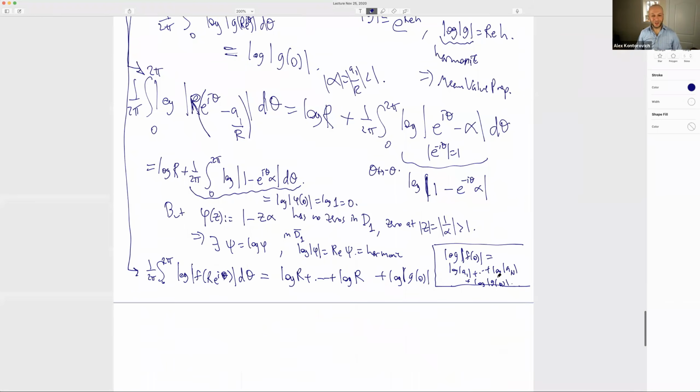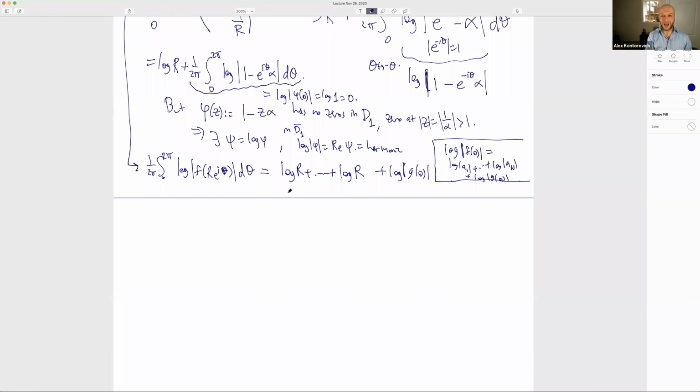And so if I take this formula and I add log f of 0 and subtract log f of 0, and I replace this log of f of 0 by this formula, then we're almost done. This is log f of 0, just a more convenient way to express this thing.